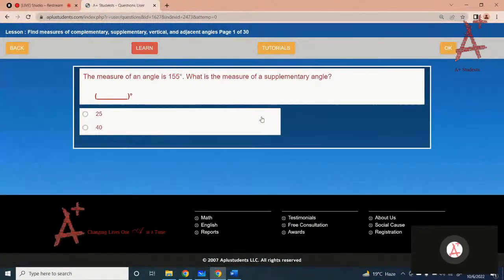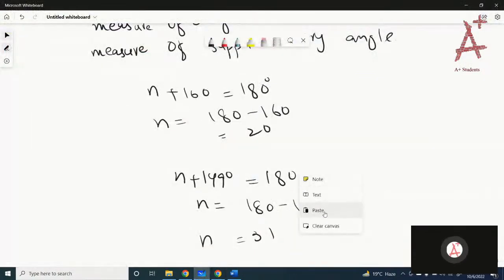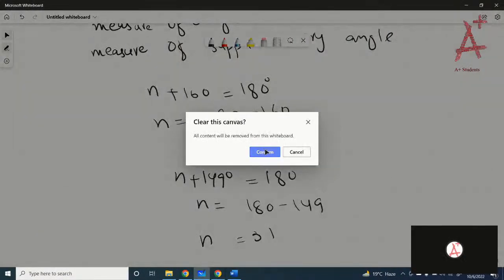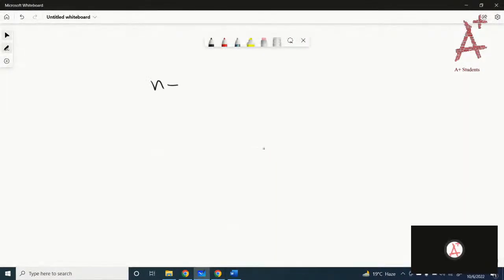Okay, the measure of an angle is 155 degrees. What is the measure of the supplementary angle? So we just did supplementary, n plus 155 is 180 degrees. Because the sum of supplementary angles is 180. Got it?